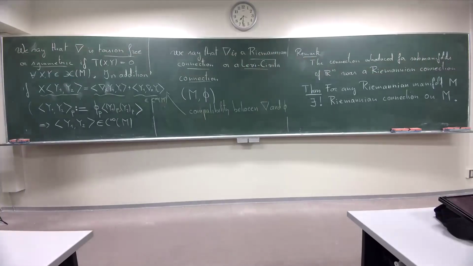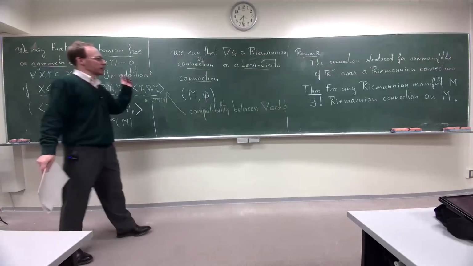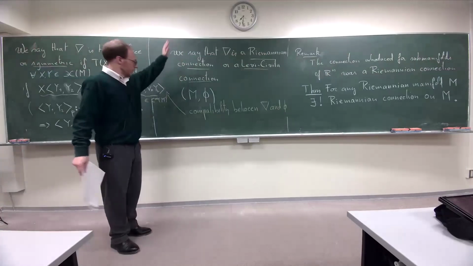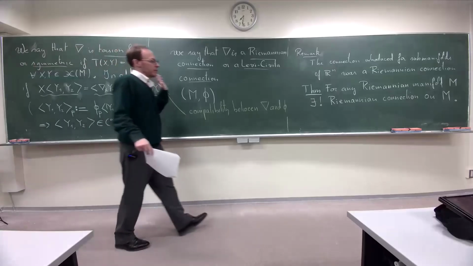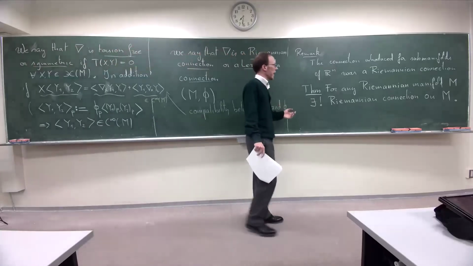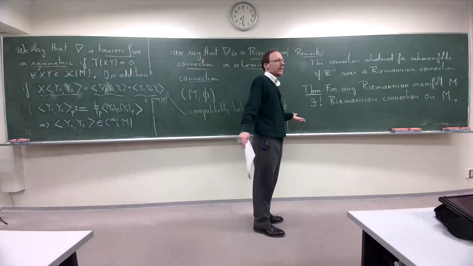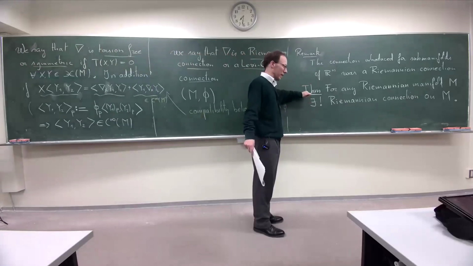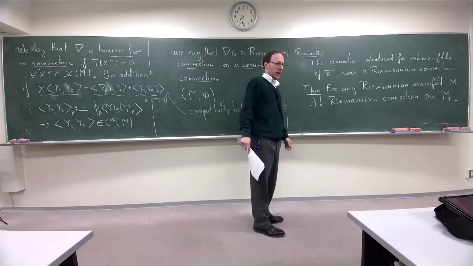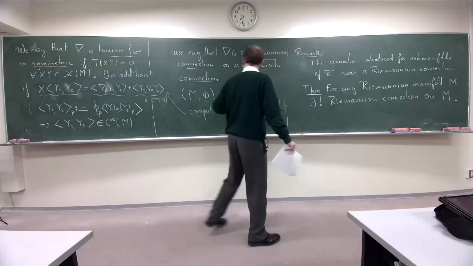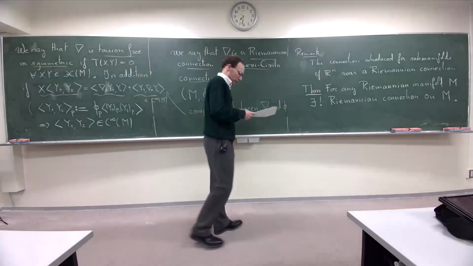As a submanifold of Rn, we define a connection and it has the properties I just mentioned. Now you can wonder, in the abstract setting, if you are not embedded in Rn, does a Riemannian connection exist, and is it unique or not? And the answer is yes. For any Riemannian manifold, there exists only one Riemannian connection, only one connection which has this property.